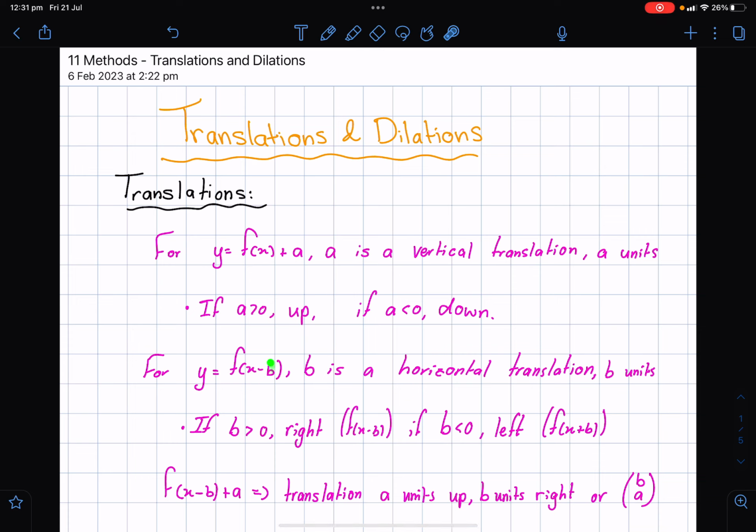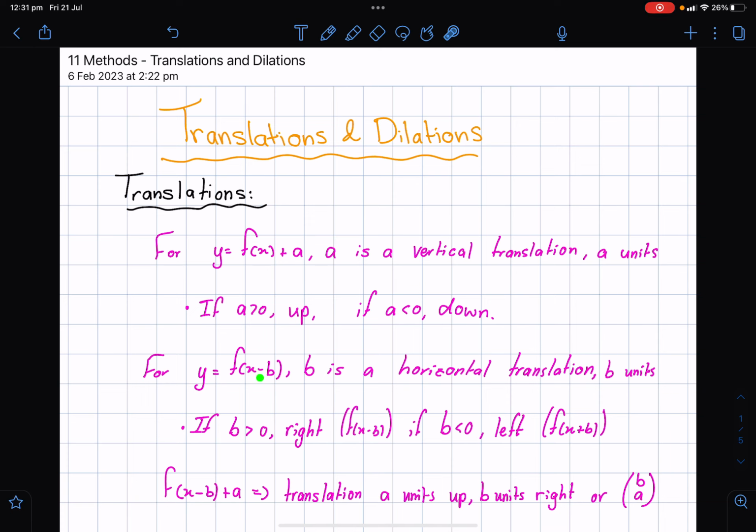Now, if the thing I'm changing is inside my function with my x, that way I know it's a horizontal translation. So what we need to look at is whether it goes left or right. One thing you'll find the further we go into transformations is that the x change does kind of the opposite to what we think.